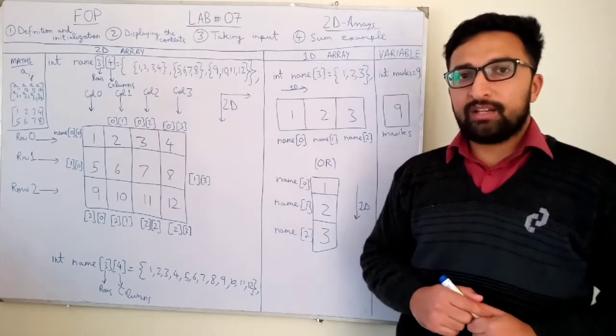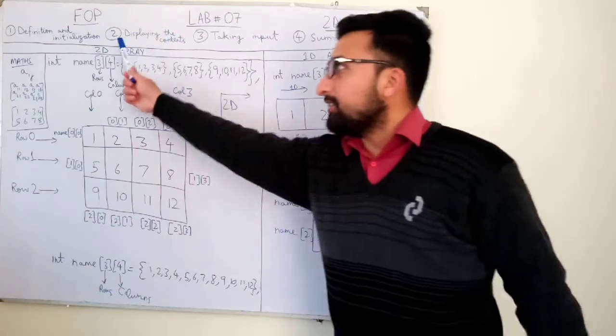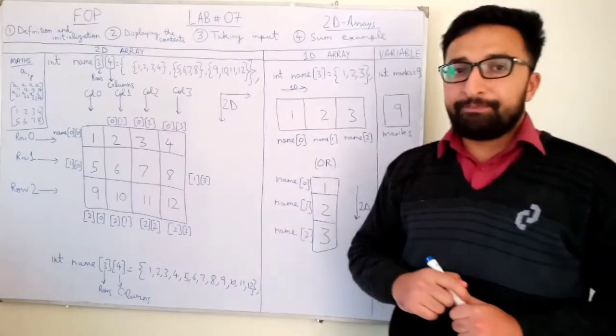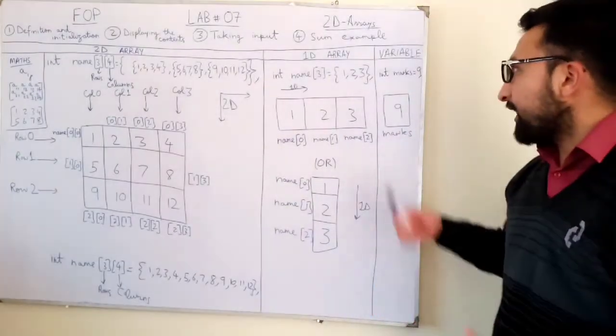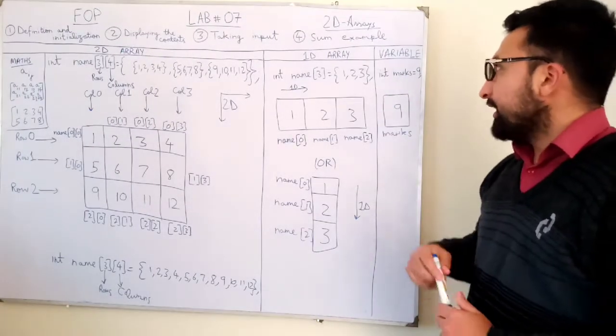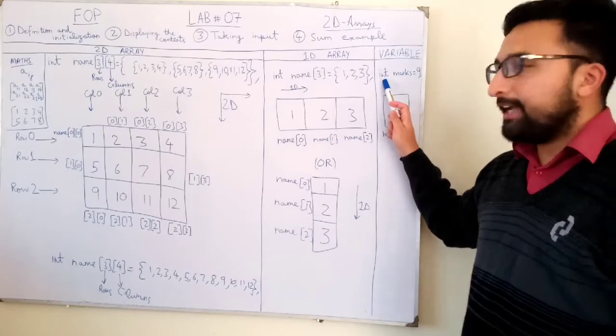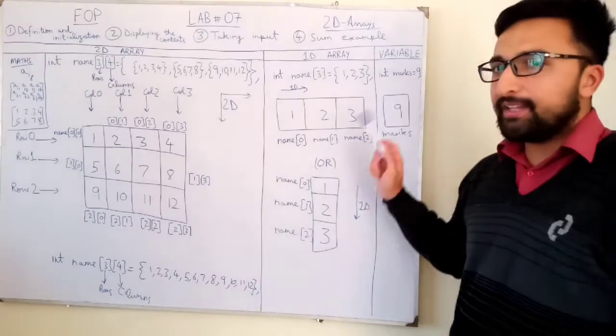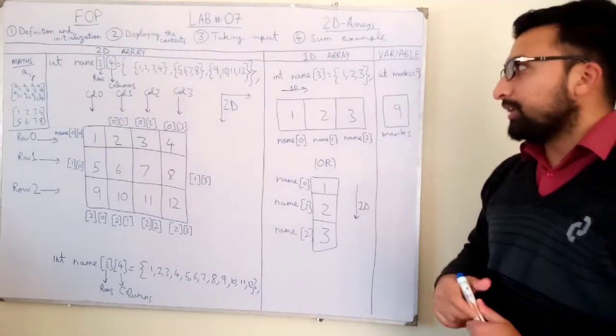So let's start with the definition and initialization of a two-dimensional array. We know that to define and initialize a single variable, we write the data type, then the name of the variable, and then the value that it is going to store.